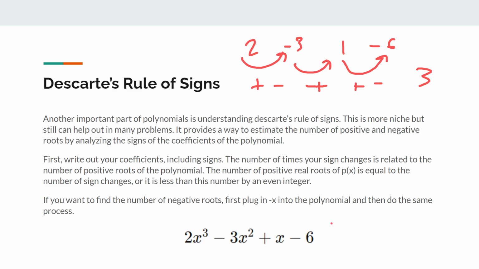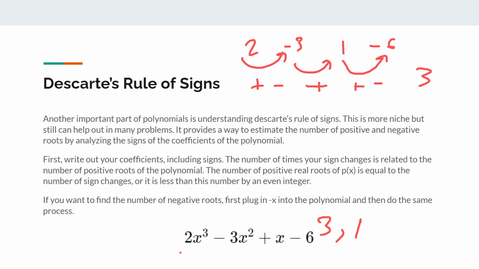So we either have 3 positive roots or 1 positive root, because it differs by an even integer each time, and you can't have -1 positive roots, you know what I'm saying? So it's only 3 or 1, right? And this helps sometimes with function analysis, or analyzing a polynomial. For negative roots you do the same thing, but you plug in -x.